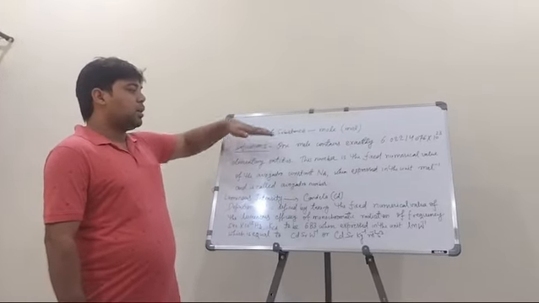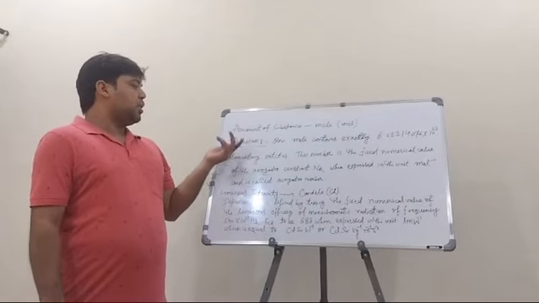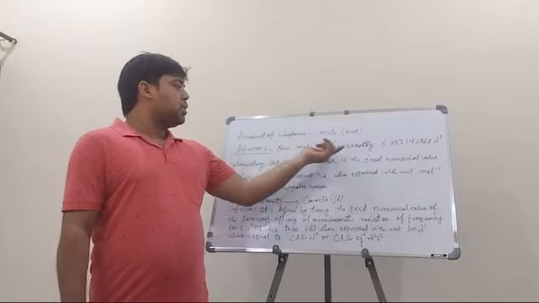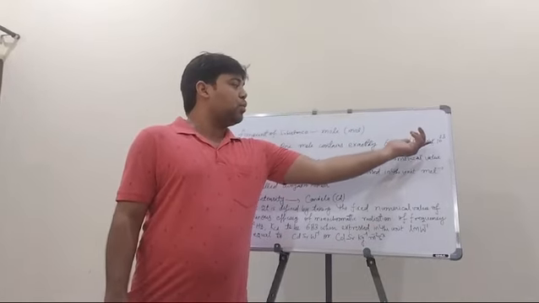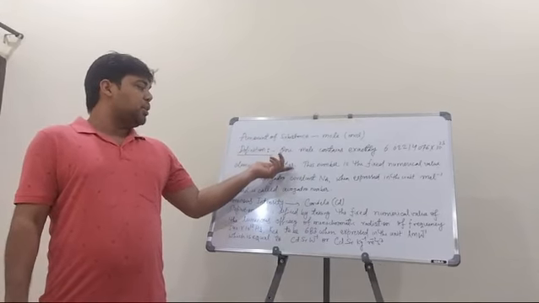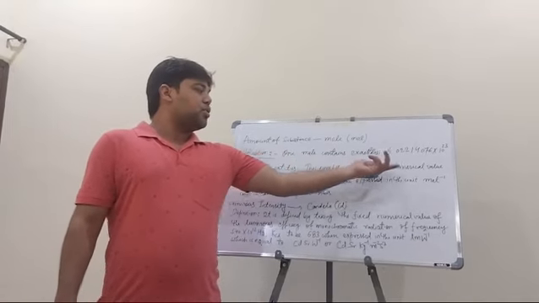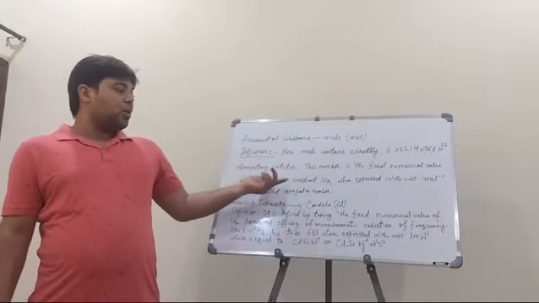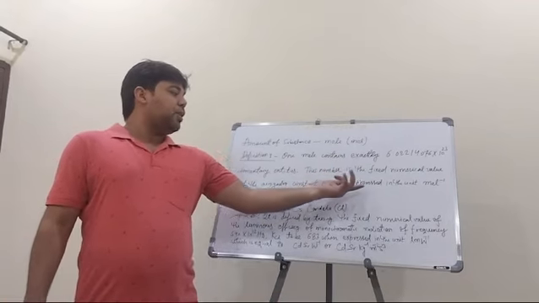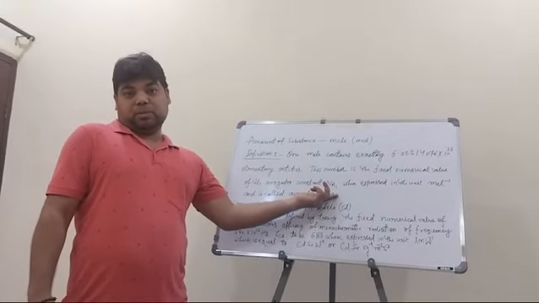Amount of substance, and its SI unit is mole. It is defined as 1 mole contains exactly 6.02214076 times 10 to the power 23 elementary entities such as atoms or molecules. This number is the fixed numerical value of the Avogadro constant NA when expressed in the unit mole inverse, and it's called the Avogadro number.